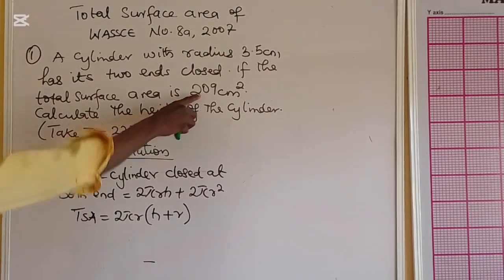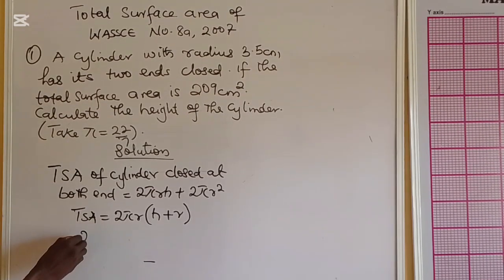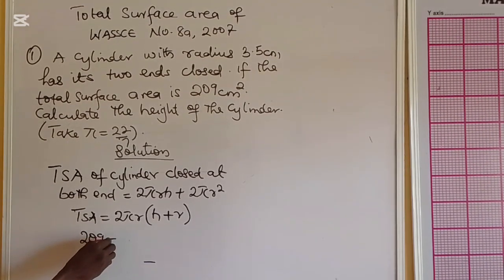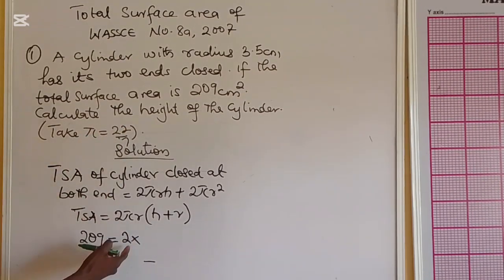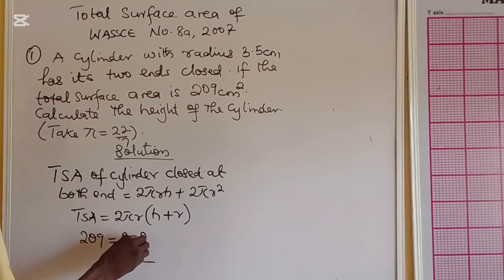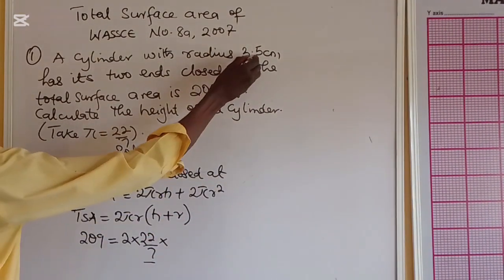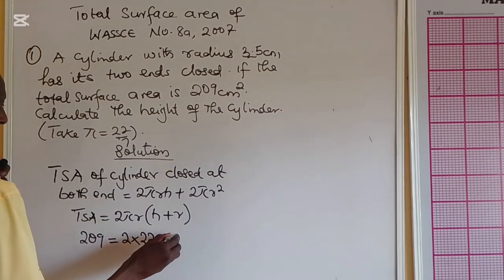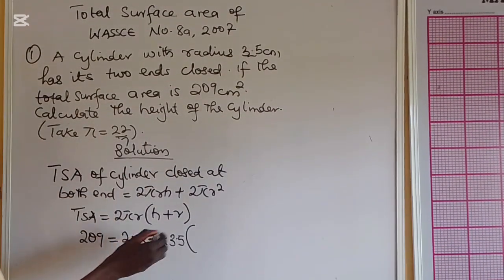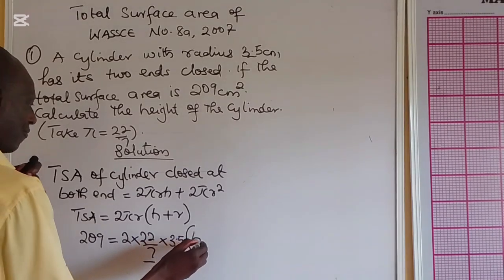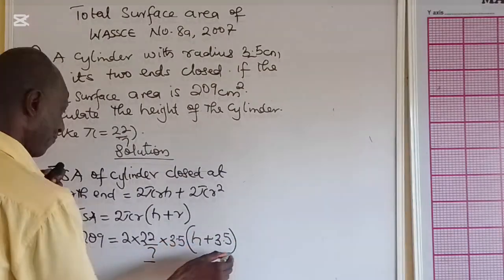When you look at the question, the total surface area is given to you, which is 209 equals 2 times pi, which is 22/7, times the radius, which is 3.5, into the height, which is what we are looking for, plus 3.5.